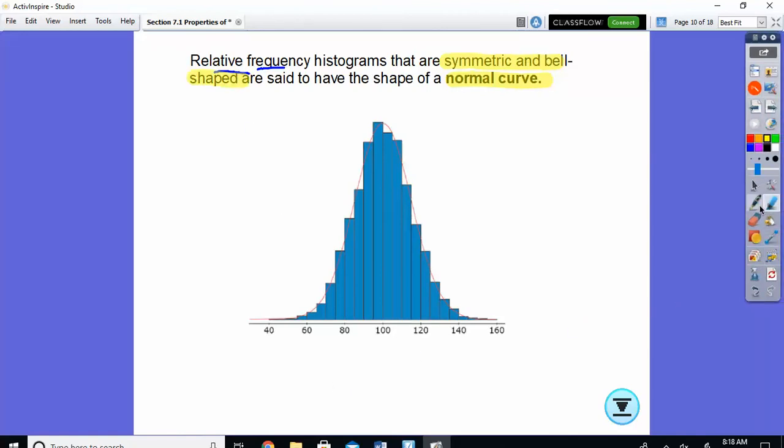We've talked about symmetric before when we talked about if data was skewed or not. And in order for all this normal stuff to work for us, our data can't be skewed. So the key, when we're talking about normal data, it has to be symmetric and bell-shaped. No skew.